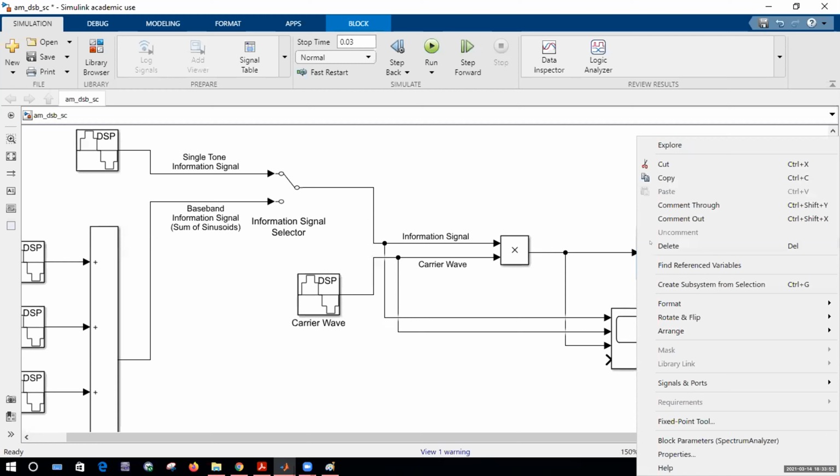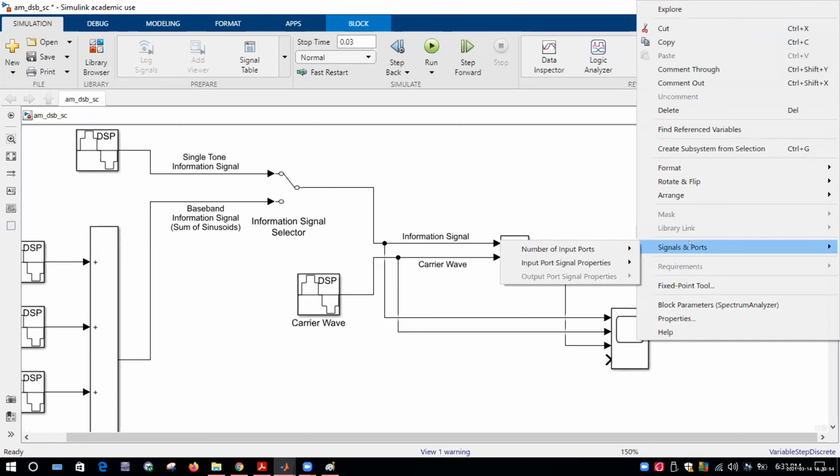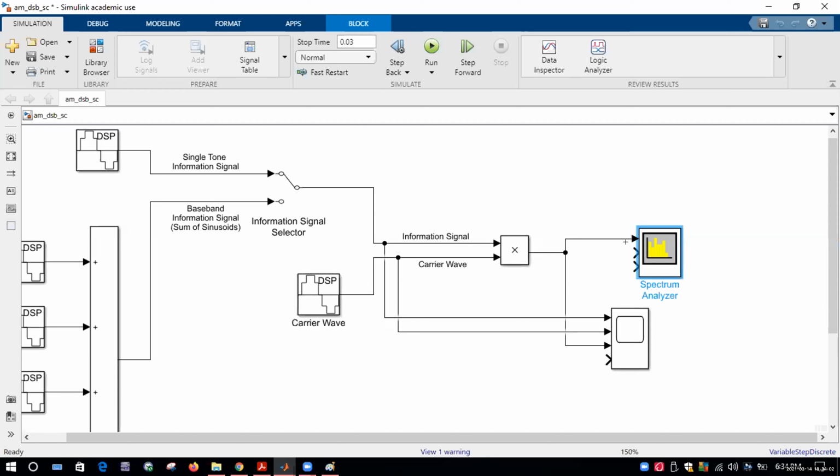Right click, then click signals and ports, add more inputs. I'll put 3 inputs, okay? How many inputs do I have now? 3. So the first one, I am using output. The second one, I will measure the information signal frequency. The third one, I will measure the carrier frequency.